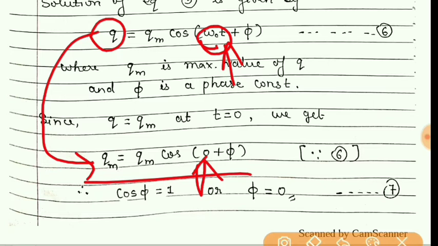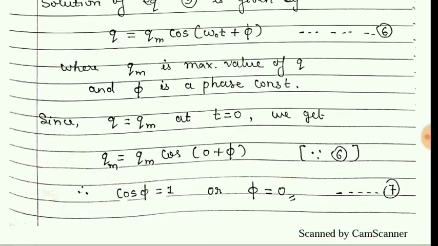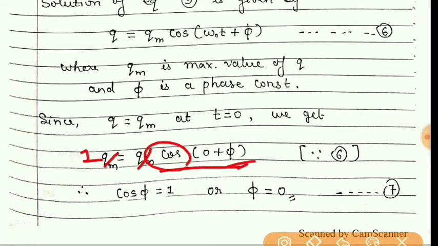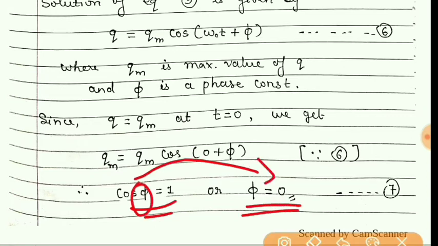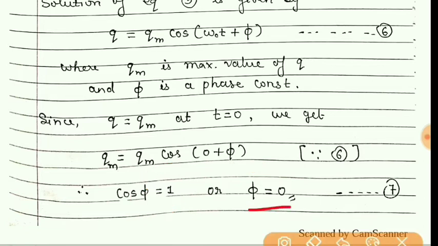Rest of the things remain as they are. Now Qm on both sides will cancel. On the left side 1 remains, and on the right hand side only cos phi remains. So cos phi is equal to 1. And we know that if cos phi is 1, then phi must be 0. So we obtained that the phase constant phi is 0.